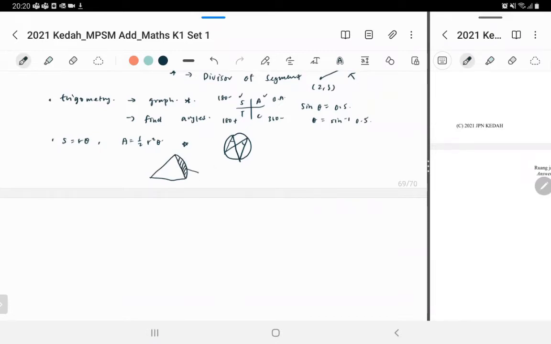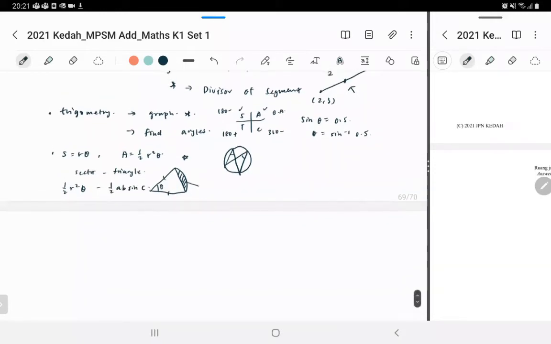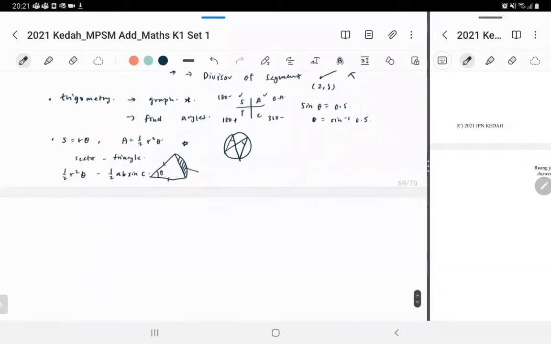So you need to minus the triangle also: area of sector minus the triangle. The area of sector is 1 over 2 r squared theta, and the triangle is 1 over 2 ab sine C. Make sure you know how to do this one.